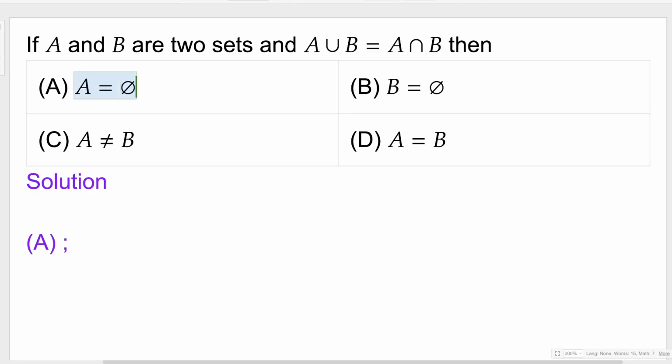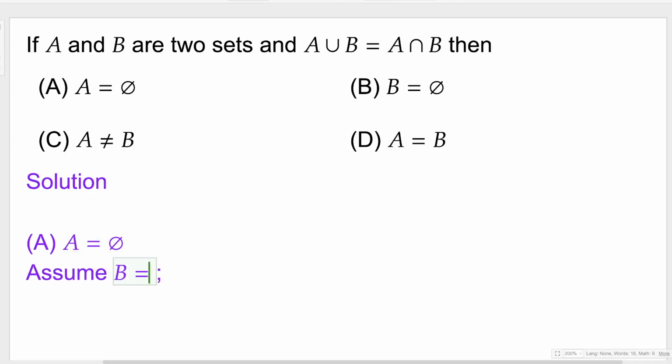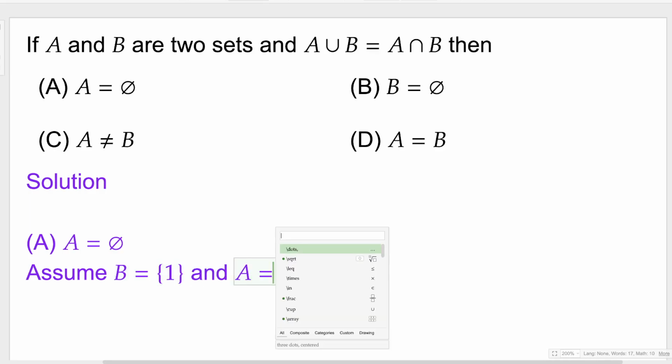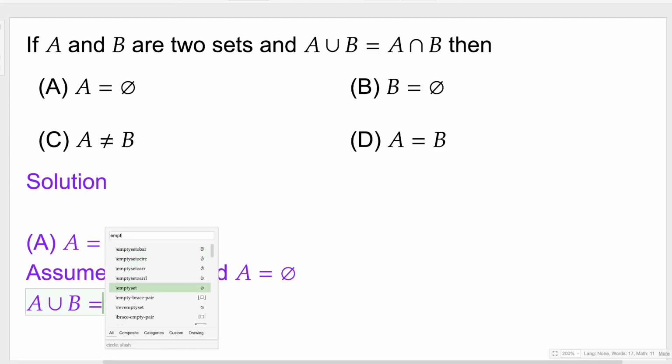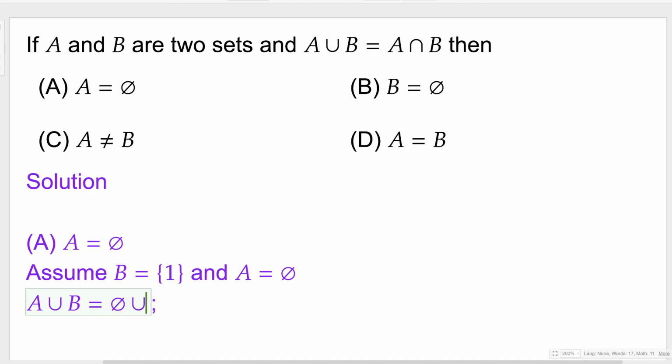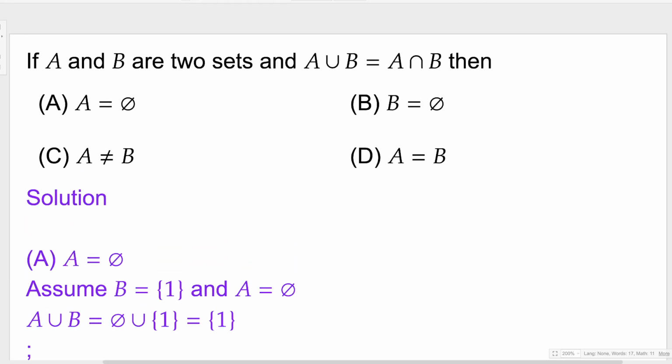So the first statement is, can we conclude that A is equal to the empty set? Assume that set B is a singleton set and it contains an element 1, or any integer of your choice, and set A represents the empty set, that means it does not have any element. If I compute A union B, the result will be the empty set union B, that is a singleton set, and this yields 1.